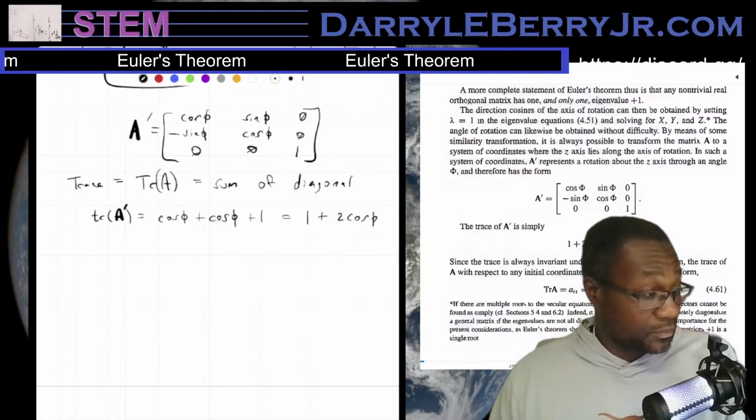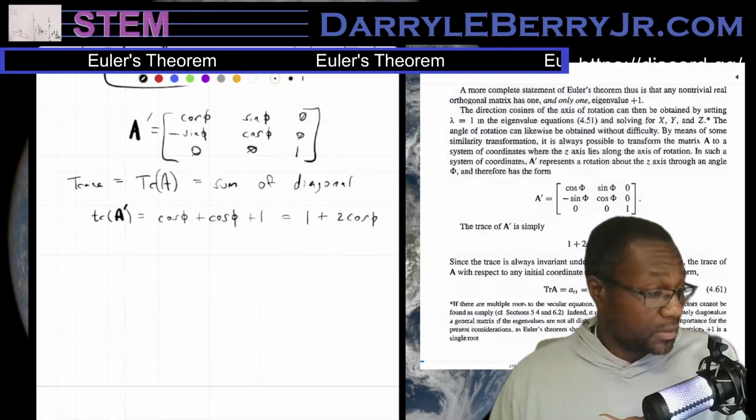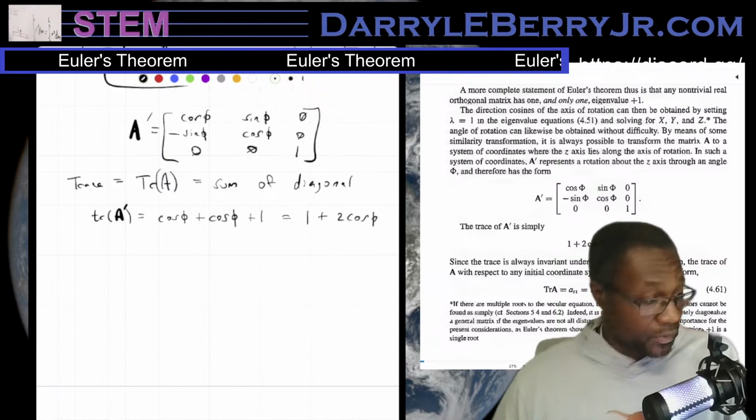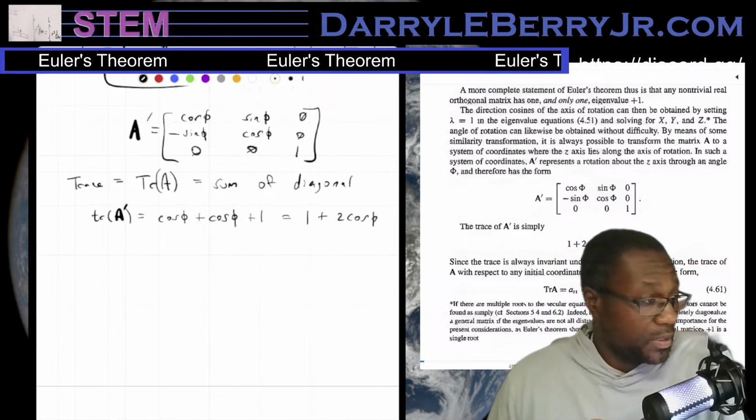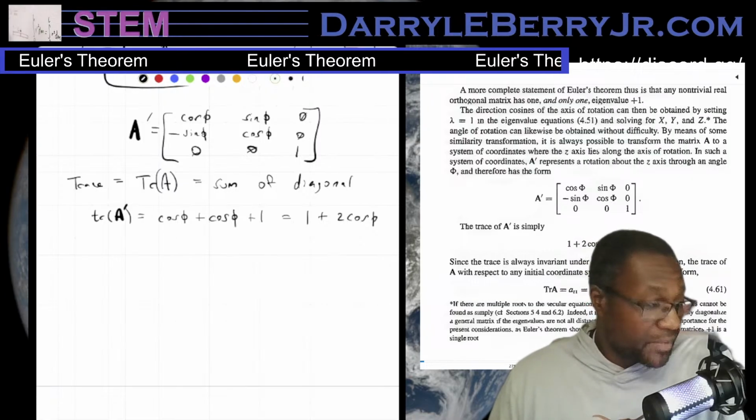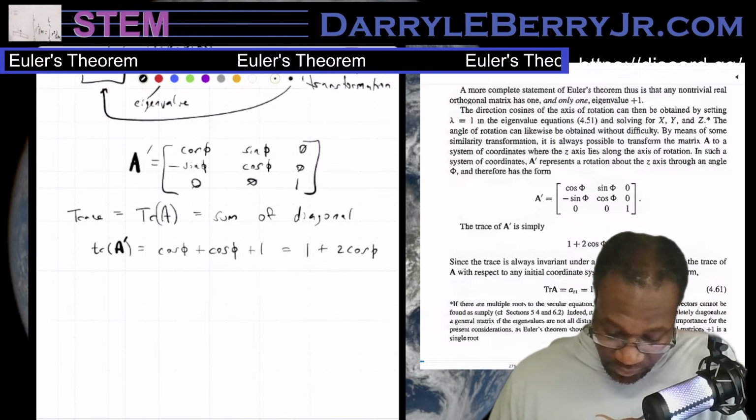And then we have, since the trace is always invariant under a similarity transformation, the trace of A with respect to any initial coordinate system must have the same form. Let's redo this again. The trace, which is the sum of the main diagonal, is invariant under a similarity transformation.